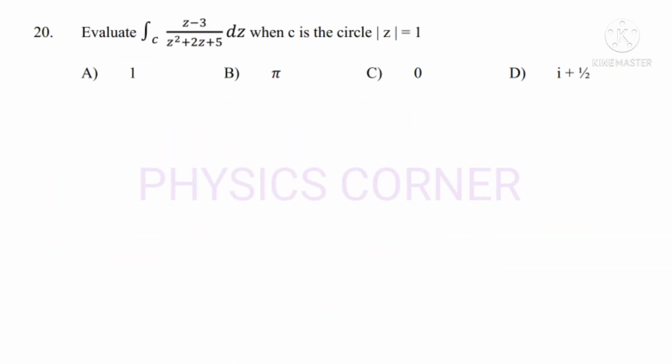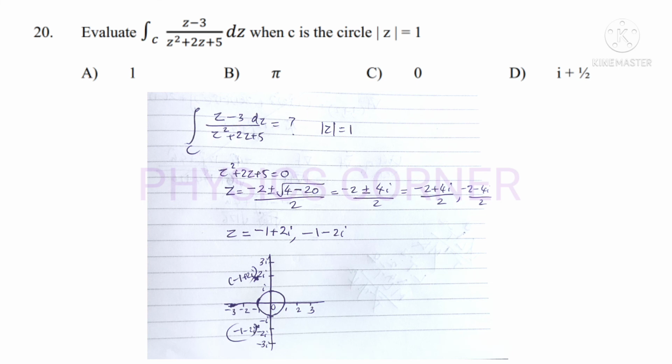Next one, evaluate the integral of (z minus 3) by (z square plus 2z plus 5) dz when C is the circle with modulus z equal to 1, which means the radius of the circle is 1 unit. And it's an interesting problem, my favorite area, so we can solve. See, all we have to do is find out the singularities of this function.